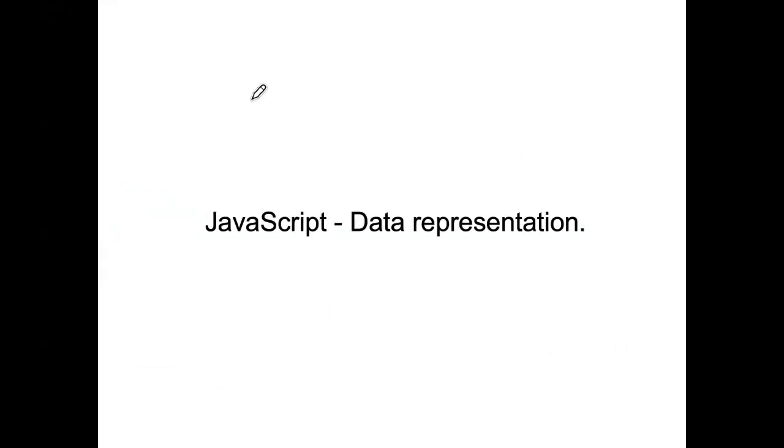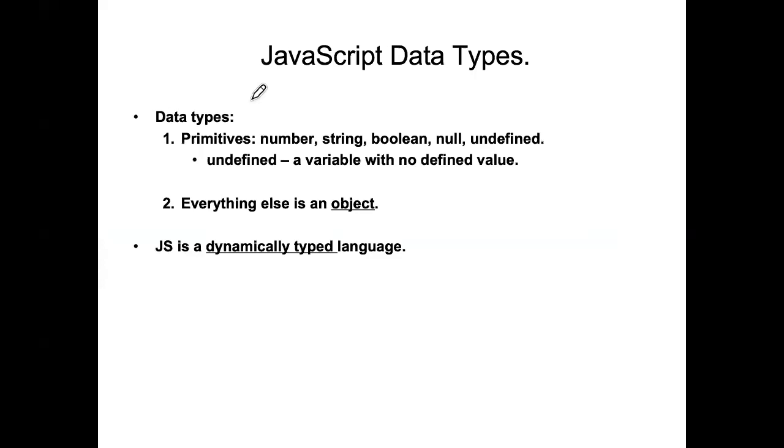And so JavaScript data representation is all about objects. There are some primitive types as well, but it's all about objects. And it's important that you would be comfortable navigating objects, an object network. JavaScript is a dynamically typed language, which means you can change the type of value that you assign to a variable at any stage. That may not be a great thing to do, though, but you can do it.